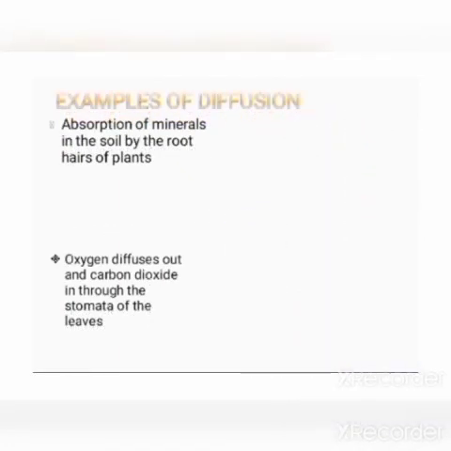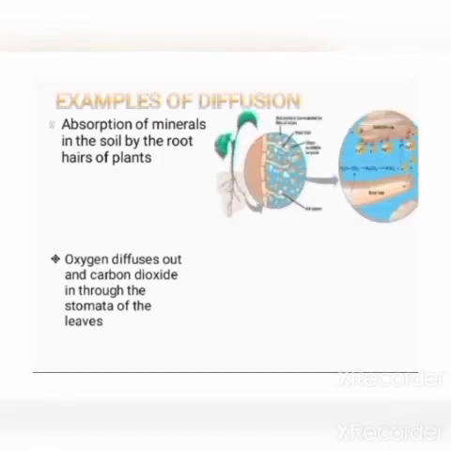Examples of diffusion. So we can have an example as the absorption of minerals in the soil by the root hairs of plants. So you can see for this diagram, the plants taking in some minerals such as calcium, potassium and magnesium.